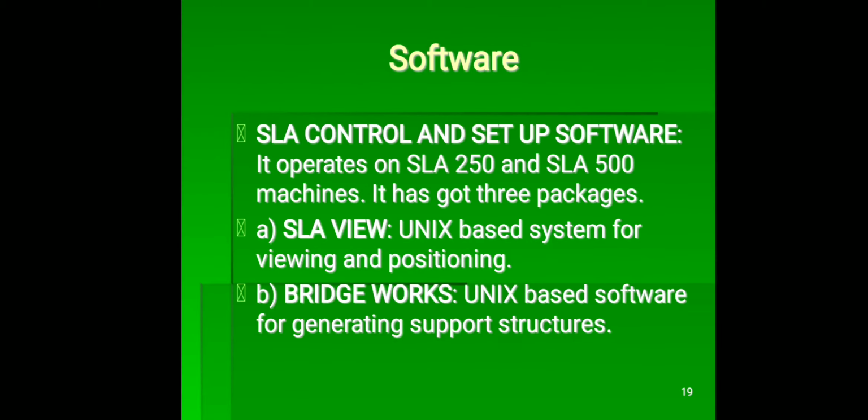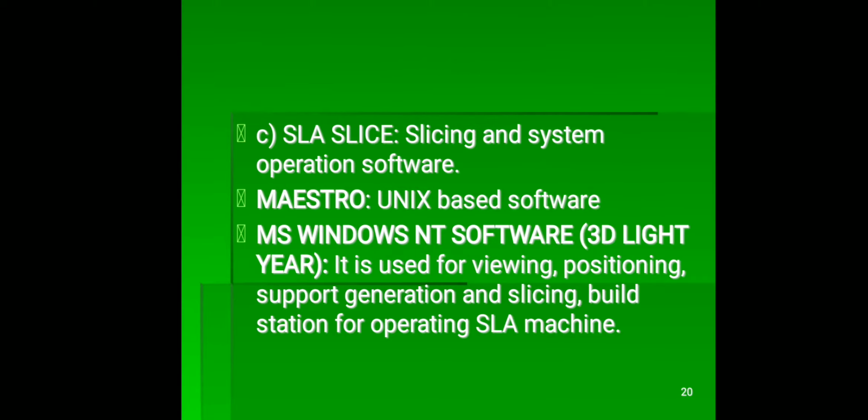Software used for this is SLA control and setup software. It operates on SLA 250 and SLA 500 machines. It has three packages: SLA View, Unix based system for viewing and positioning; Bridgework, Unix based software for generating support structure; and SLA slicing and system operation software; Maestro, Unix based software; MS Windows based software, 3D Lightyear.